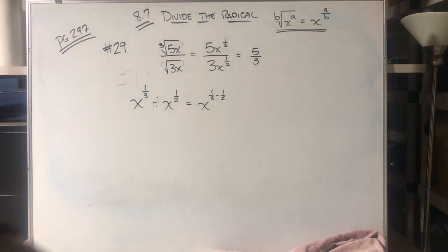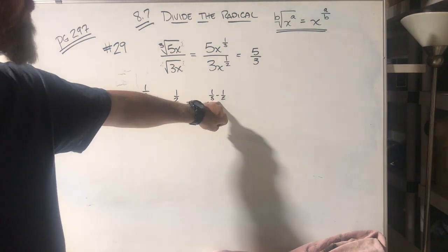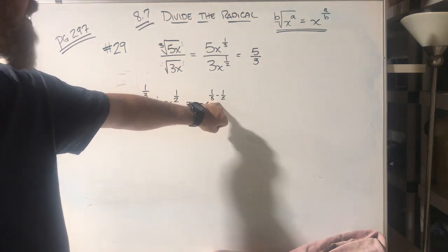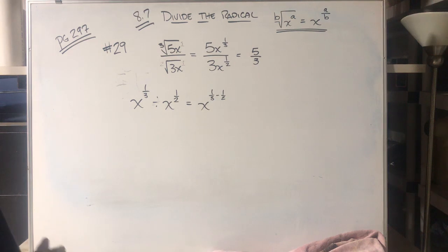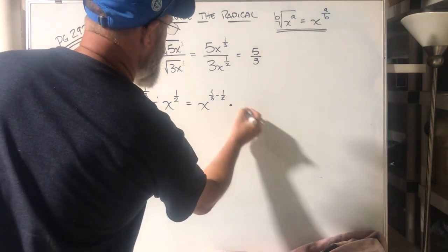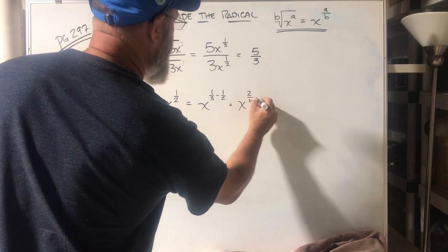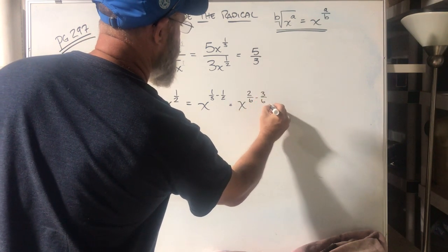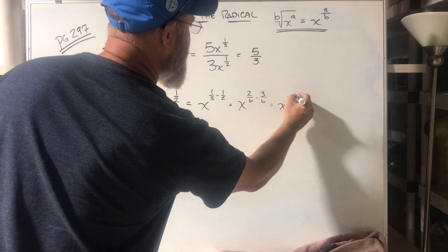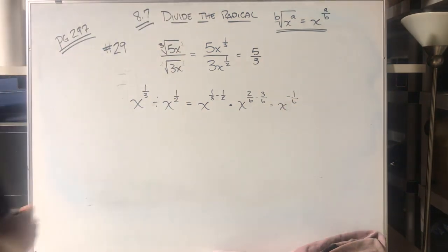Right? So how do we subtract fractions? Well, we have to get a common denominator. And a common denominator between 3 and 2 is 6. So that's going to equal x to the 2 over 6 minus 3 over 6, which gives us x to the negative 1 over 6. Okay?